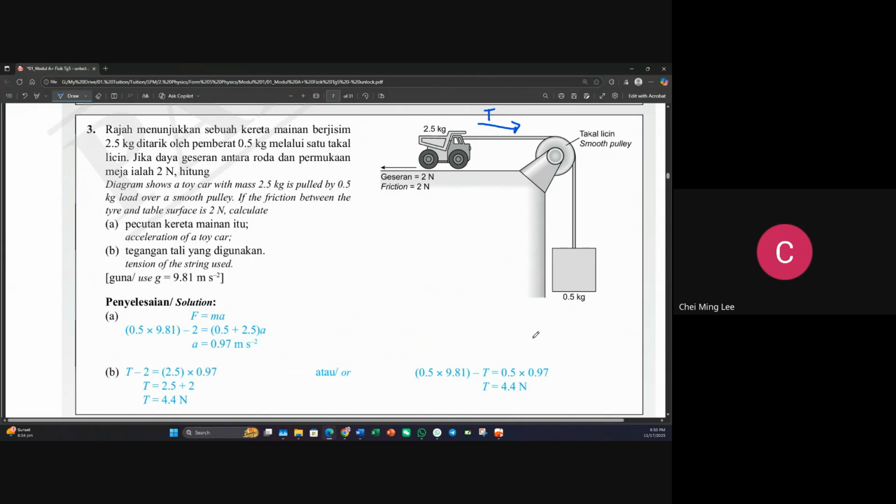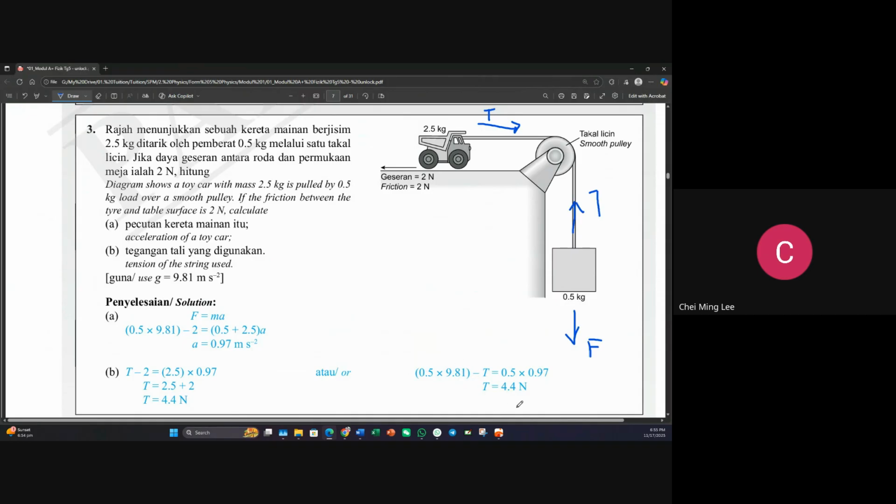Or from here, this is T, right? So 0.5 times 9.81, this is F, minus T, correct? Equals 0.5 times 0.97, the total ma.